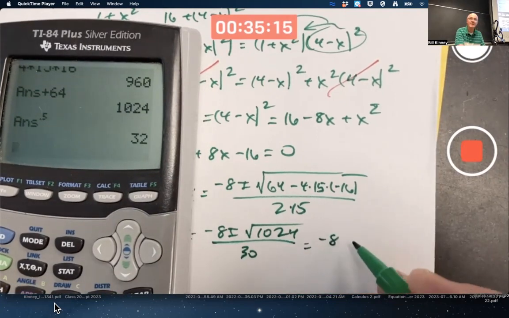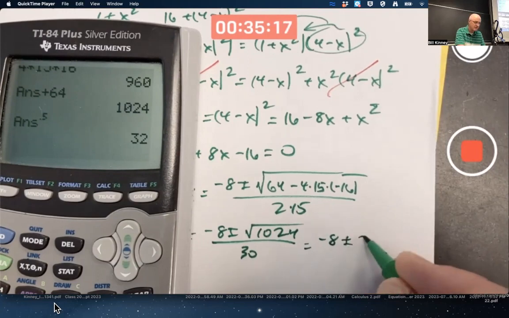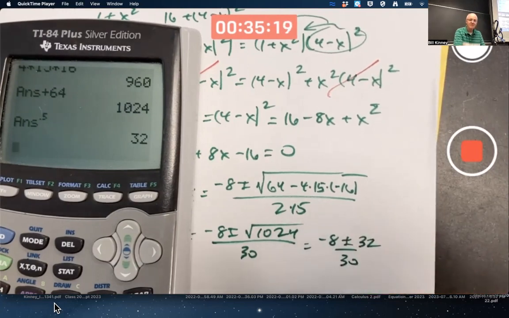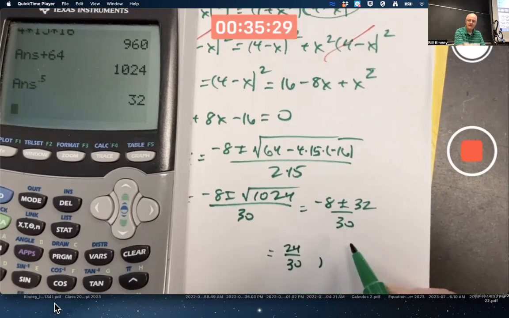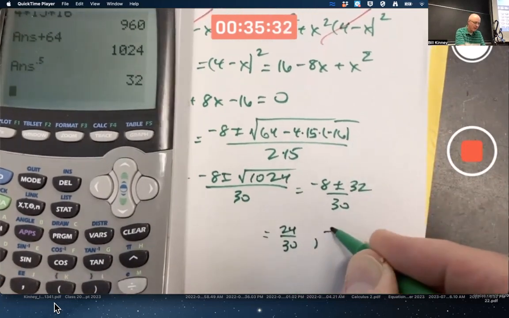Negative 8, this is making me confident that it's right now, plus or minus 32 over 30. If we use the plus, it'd be negative 8 plus 32 is 24 over 30. If you use negative 8 minus 32, you get negative 40 over 30.